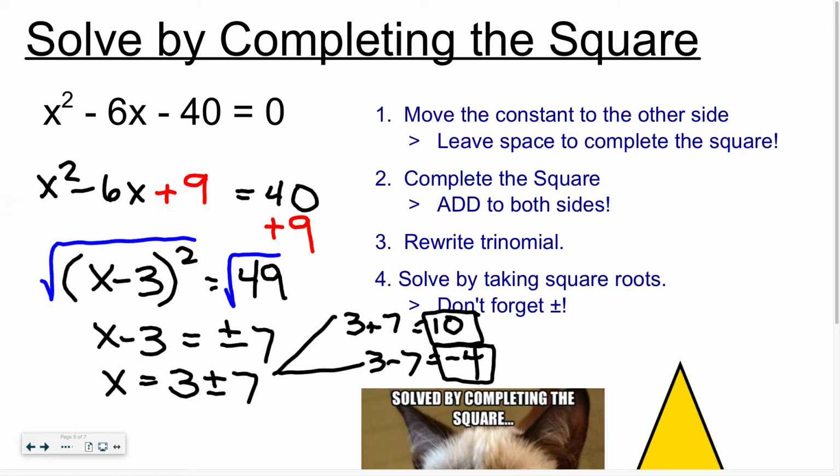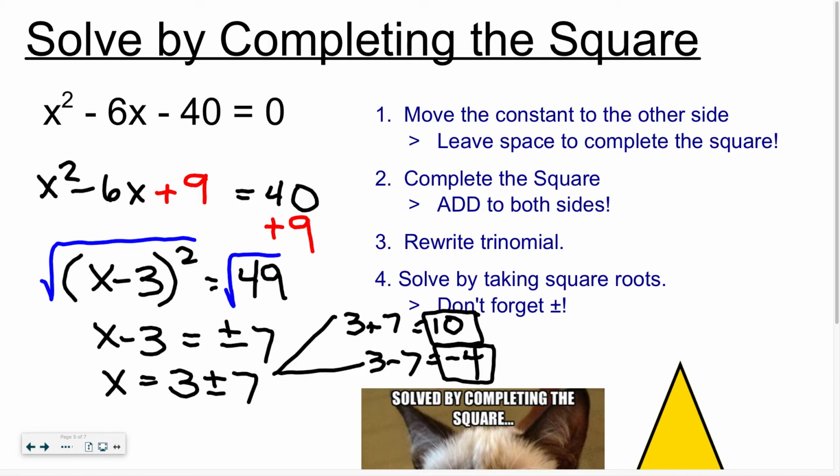And if you come up with 2 integer, or I should say rational answers, it could even be fractions. What does that mean if your solutions are fractions or integers? How could you have solved the problem in the first place? Factoring. Do you have factors of negative 40 that add to make negative 6? 10 and 4, if 10 is negative.